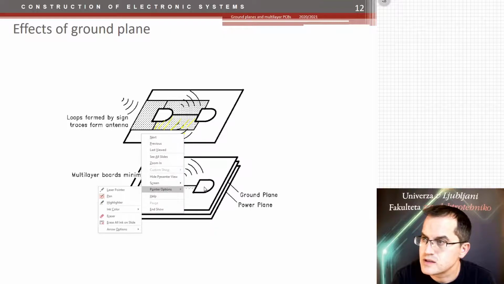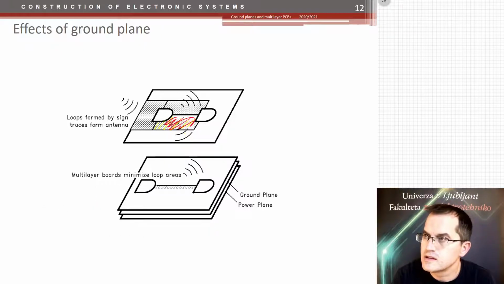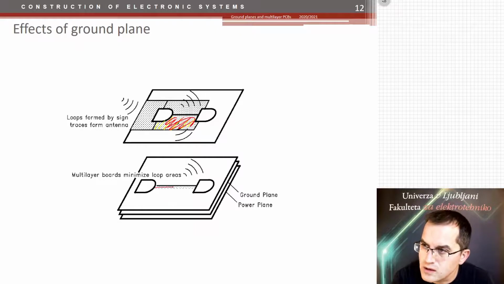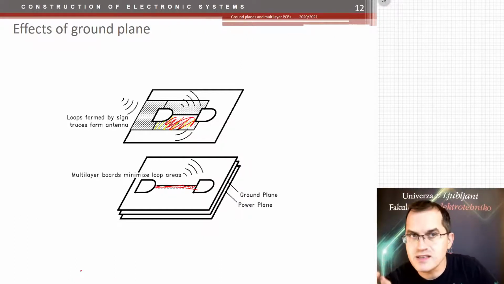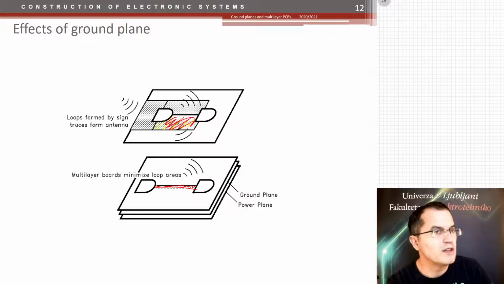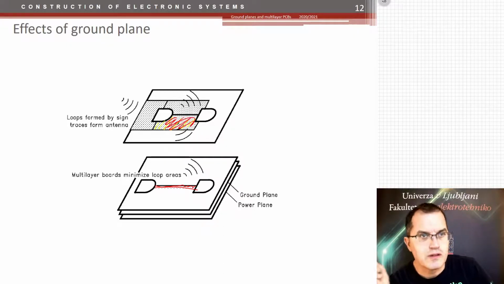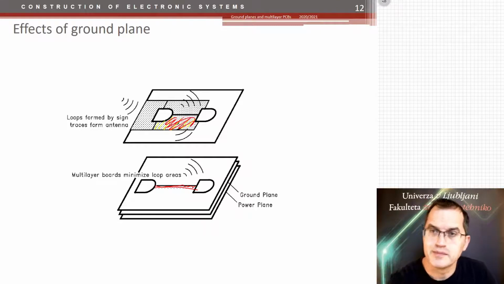Pointer options, color, I would go for red. Yeah. So this loop is then changed to that one. If you provide a return path on the bottom, let's say a ground plane, your loop area changes a lot, which is the basic effect of the ground plane, with lots of others. So the first one: minimizing the current loop area.